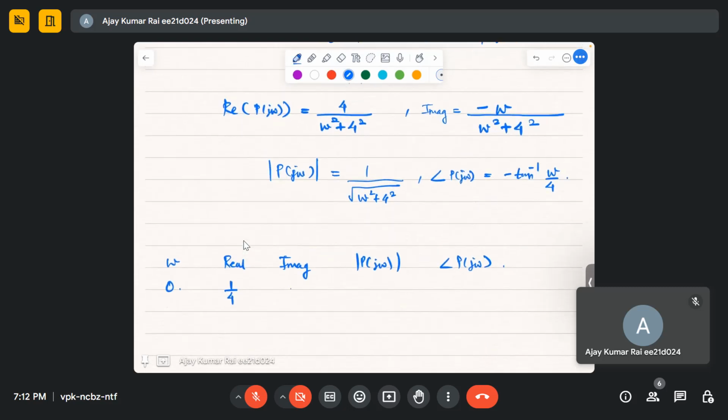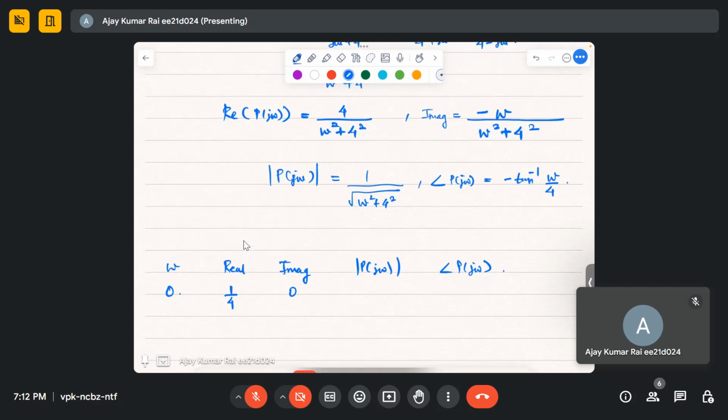If you find the magnitude, you'll again get 1 by 4, because your imaginary part is equal to 0. And the phase is 0. Any doubt for omega equal to 0 in this table? Very simple.